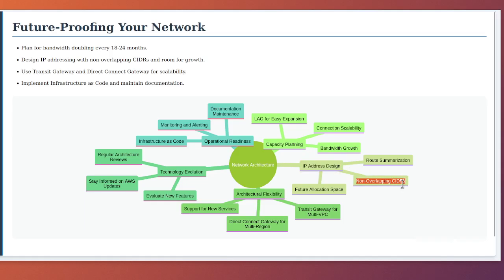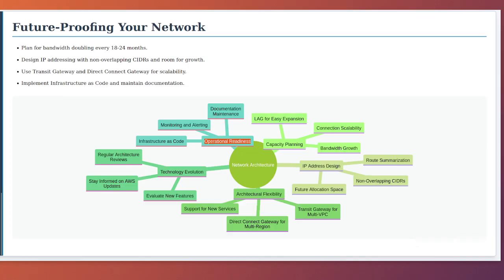A third branch covers architectural flexibility, including Transit Gateway for multi-VPC scaling and Direct Connect Gateway for multi-region expansion. A fourth branch addresses technology evolution, with support for new AWS services and emerging protocols. The final branch is operational readiness, including automation with infrastructure as code and documentation maintenance.